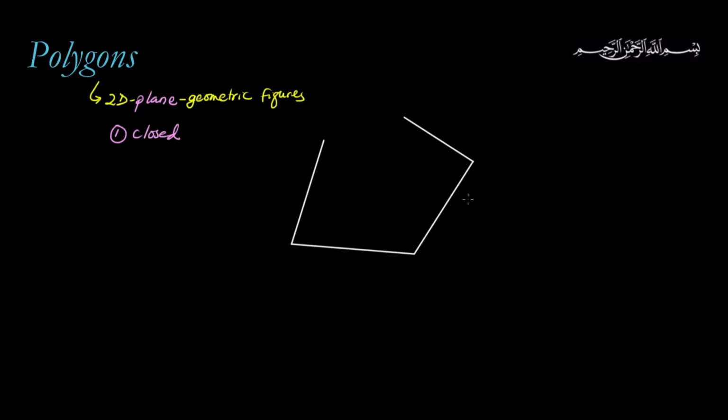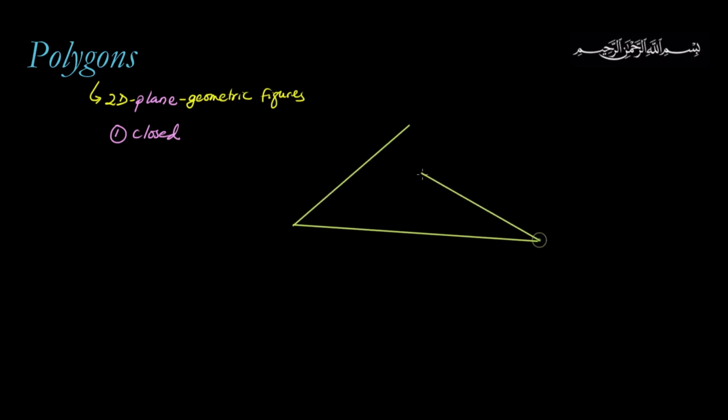So open figures like this cannot be polygons. So far we have excluded this as a possibility for a polygon. So a polygon, no matter how it looks, has to have all sides closed. So that too is not a polygon. So all sides have to touch each other. That's the first very important rule.